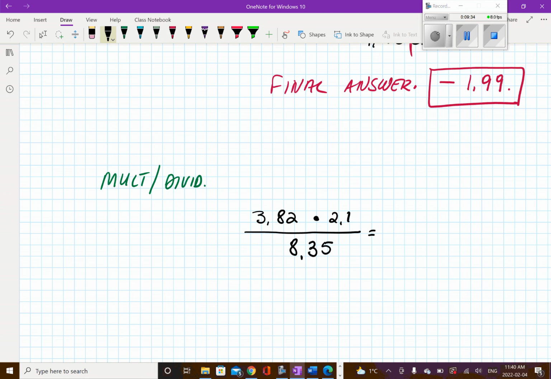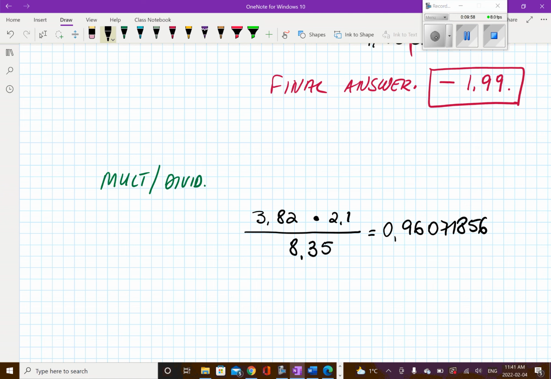If you enter this into your calculator, then you will have an answer of 0.9607185, and probably more digits after that.